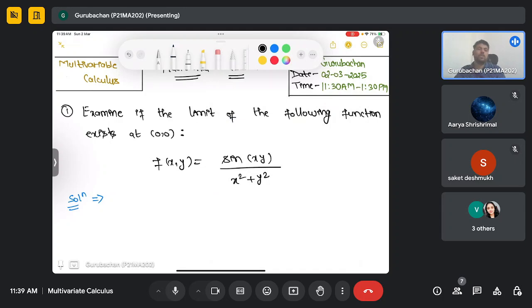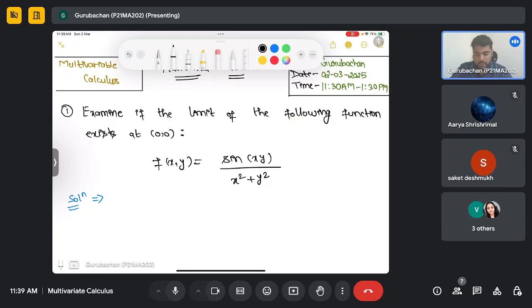In order to show that the limit does not exist, we take two curves along which the limiting value of the function is different. Then we can say that the limit does not exist at that point. We can also take a generalized curve, suppose y equal to mx or y equal to mx squared, where m is a parameter, and if our limit depends on that parameter, then the limit does not exist. And in order to show the existence of the limit, we have to show that the epsilon delta definition holds for that function.